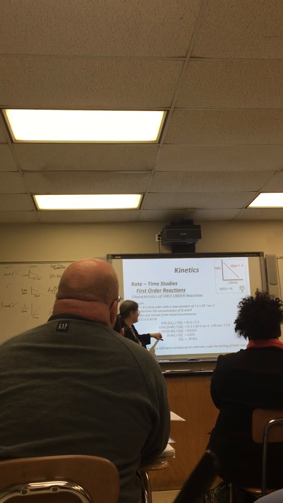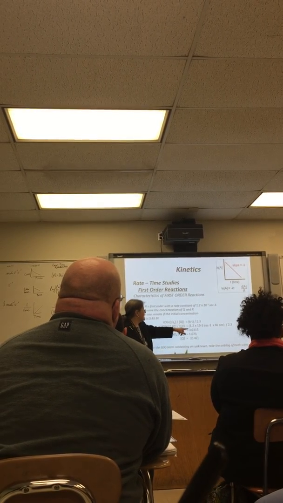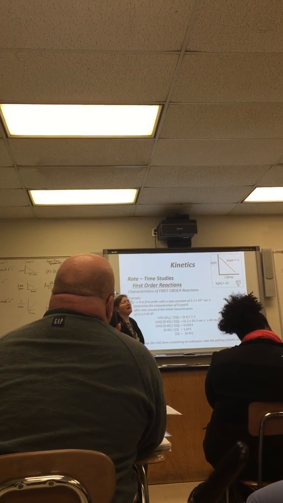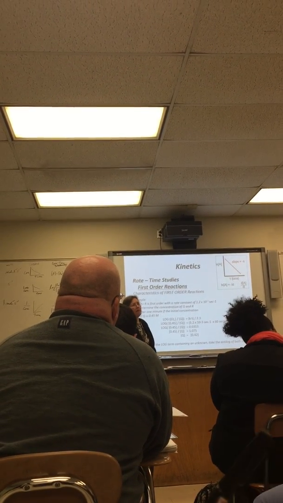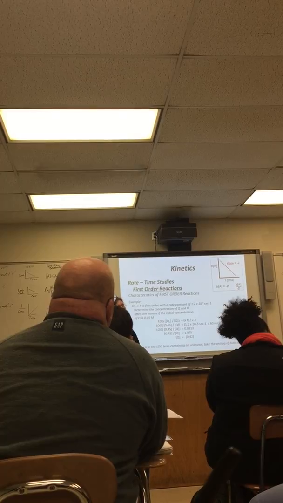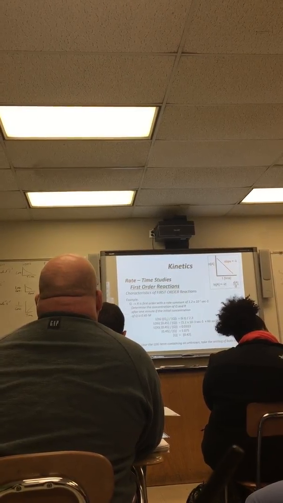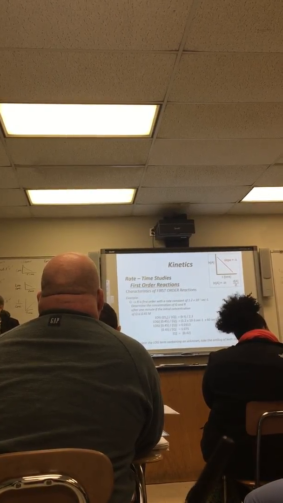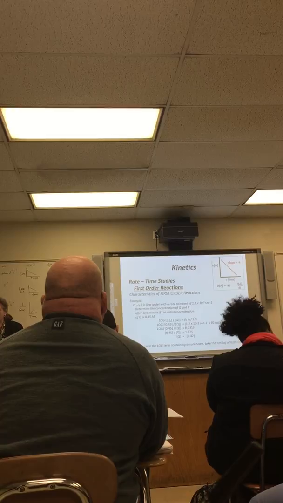Taking the anti-log of this side cancels out the word log. Taking the anti-log of this gives me a value, and I'm left with concentration for the current time. Most people are okay with that, or at least you nodded sagely when I said, are you okay with that? And you said, uh-huh. So I just took you guys at your word.